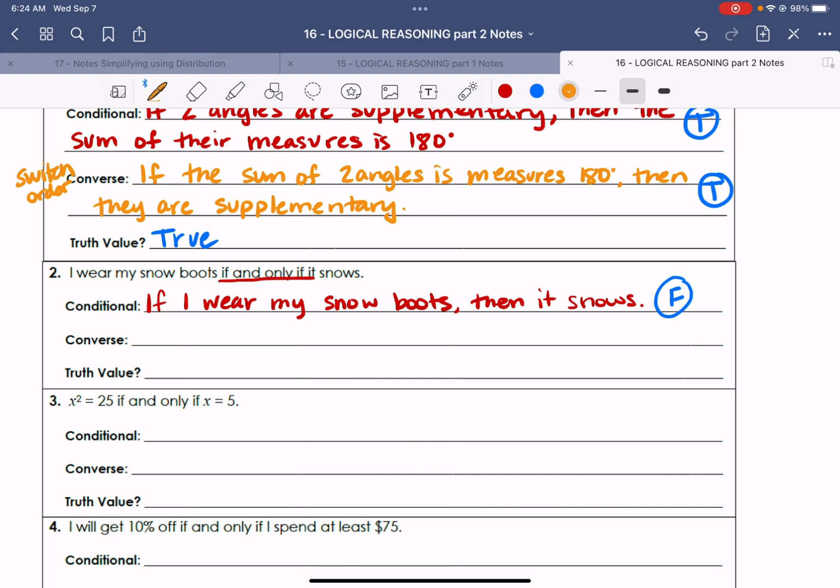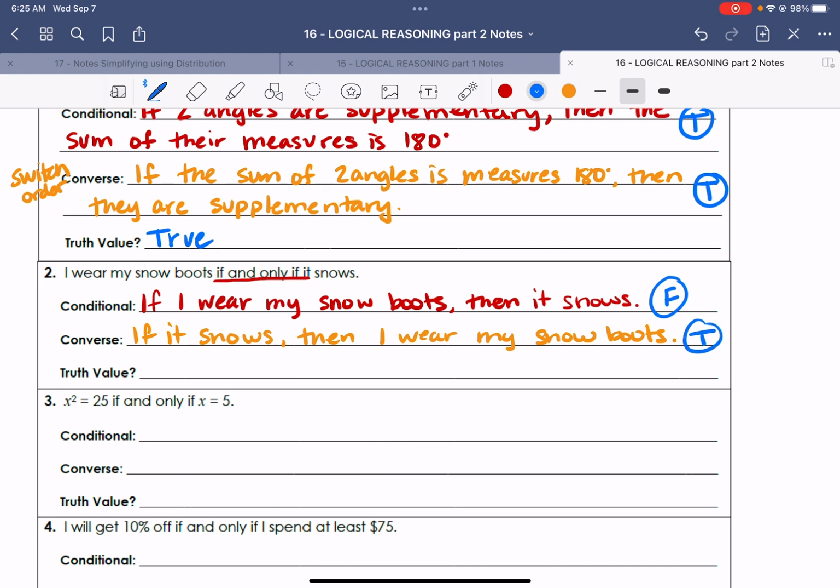Let's look at the second one. This is where we switch it. The converse is where we switch it. If it snows, then I wear my snow boots. That makes a lot more sense, right? You look outside, it snowed, so you put your snow boots on. So this is a true statement.